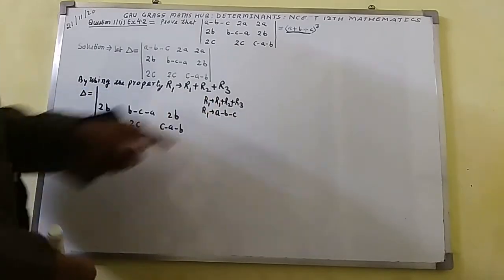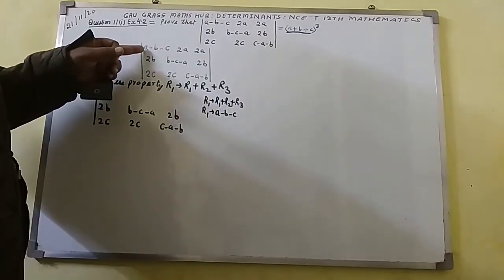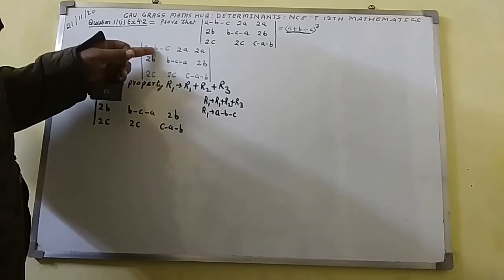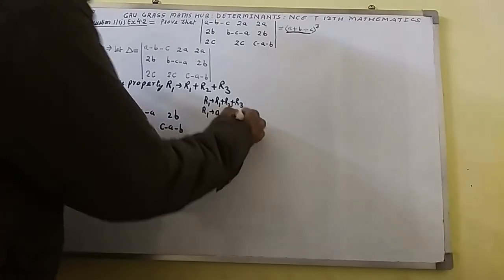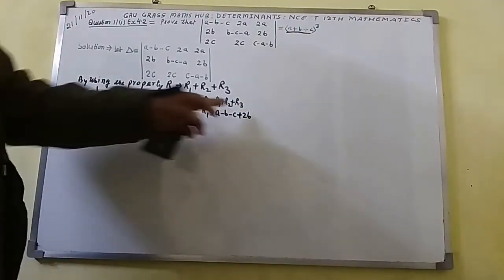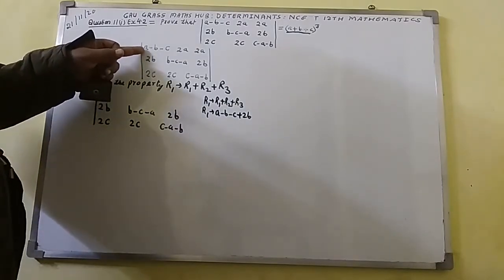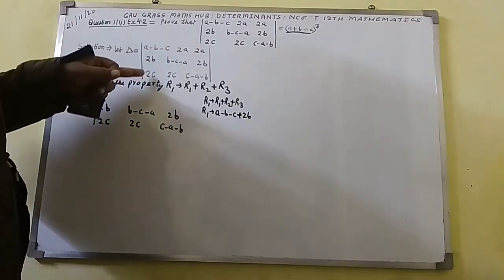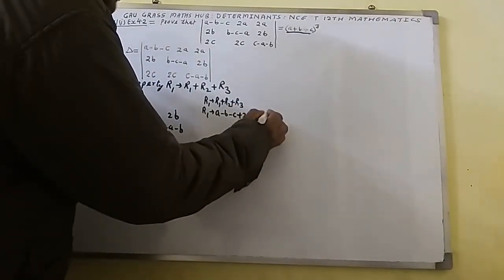For R2, the corresponding element of a minus b minus c in the second row will be 2b. So here I write plus 2b. And for R3, the corresponding element in the third row will be plus 2c.